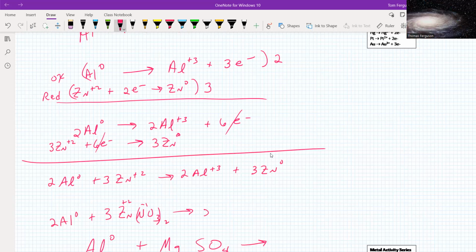Okay, now how many nitrates need to go with the aluminum? Well, aluminum is plus 3. Nitrates are -1. So how many -1s equal positive 3? 3.